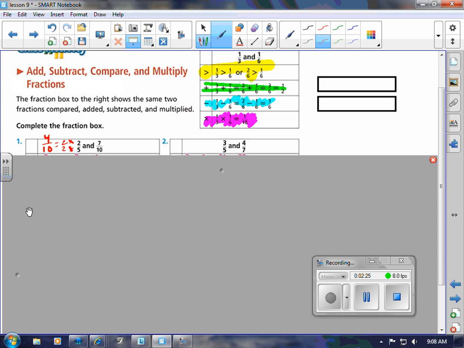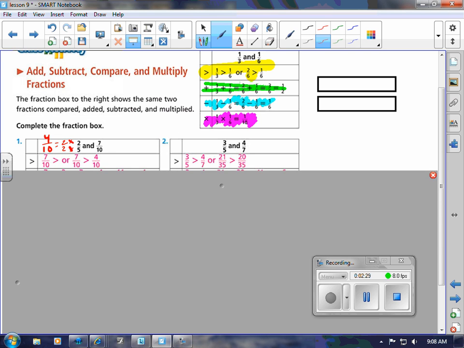As I compare those, I should see that 7/10 is greater than 4/10. Much like over here, my common denominator is 35. Whatever I do to the denominator, I've got to do to the numerator, and I can find that 3/5 is the same as 21/35, and 4/7 is the same thing as 20/35, and then I can compare them better.